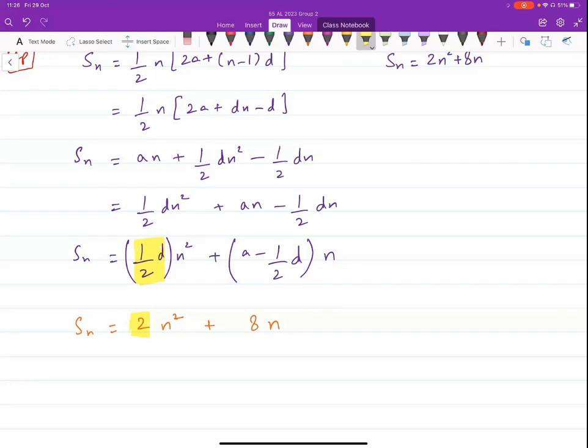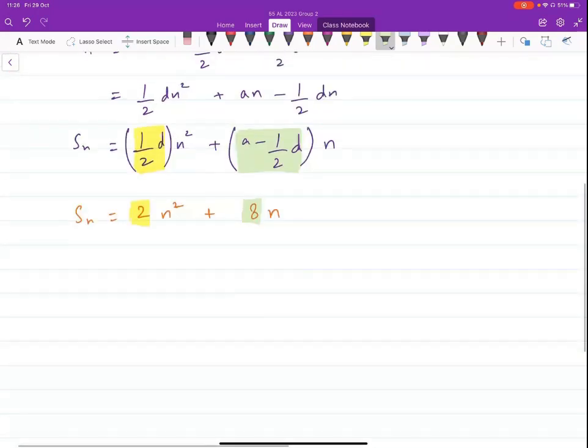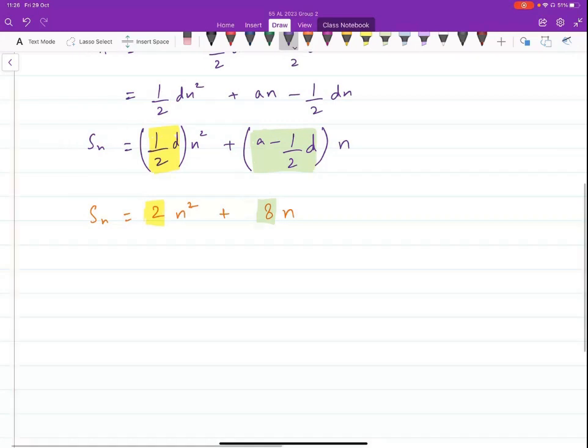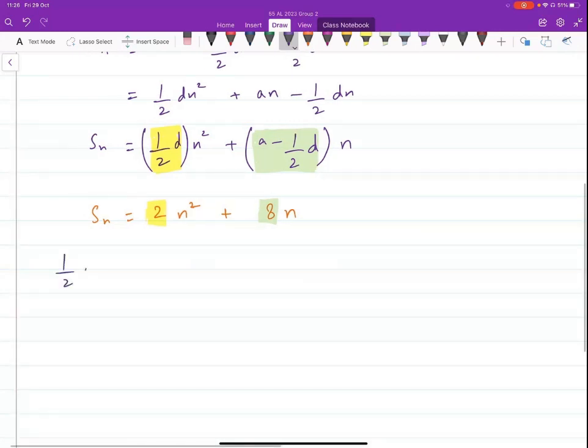And similarly, the coefficient of n that we have in this formula and the coefficient of n that we have in this formula, they have to be the same as well. So we compare the two. We say half d should be equal to 2, right? And a minus half d should be equal to 8 there.